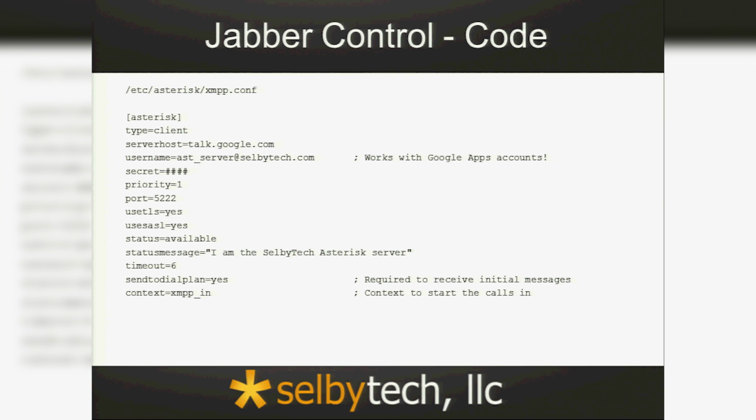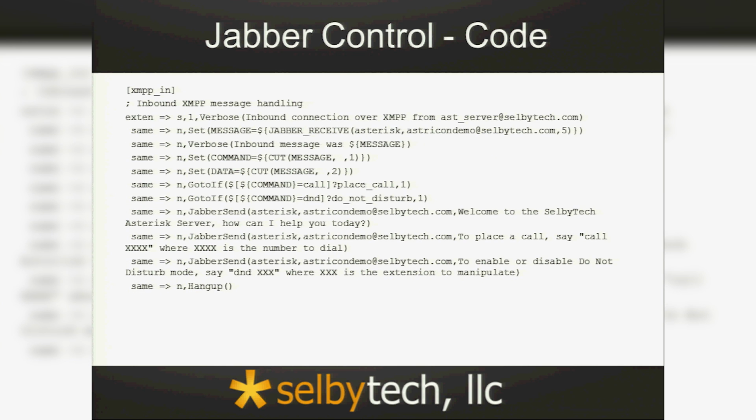These are all the default settings. You can give it a status message, and that's what it broadcasts. You set sendtodialplan=yes, and you set the context to start the calls in. This is my XMPP inbound message handling. Again, I like to log that we've got an inbound message coming in. We set a variable.